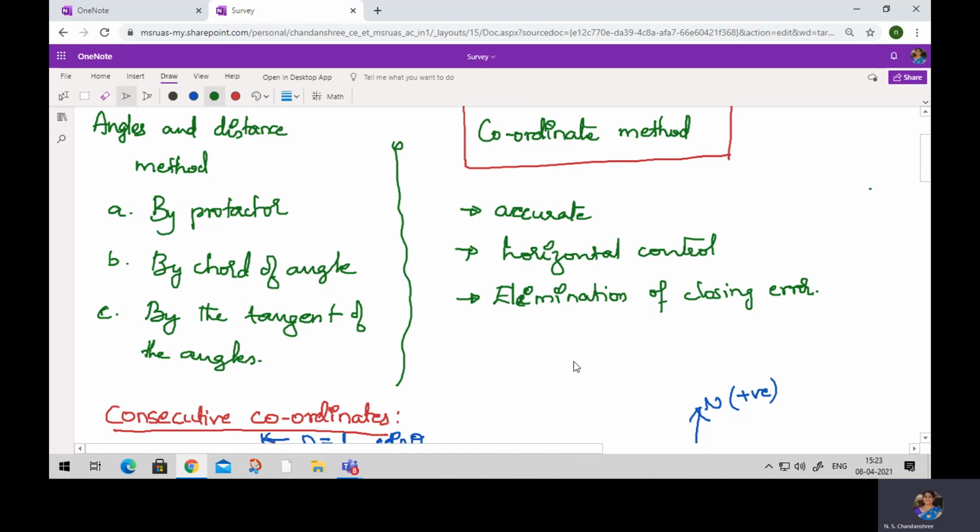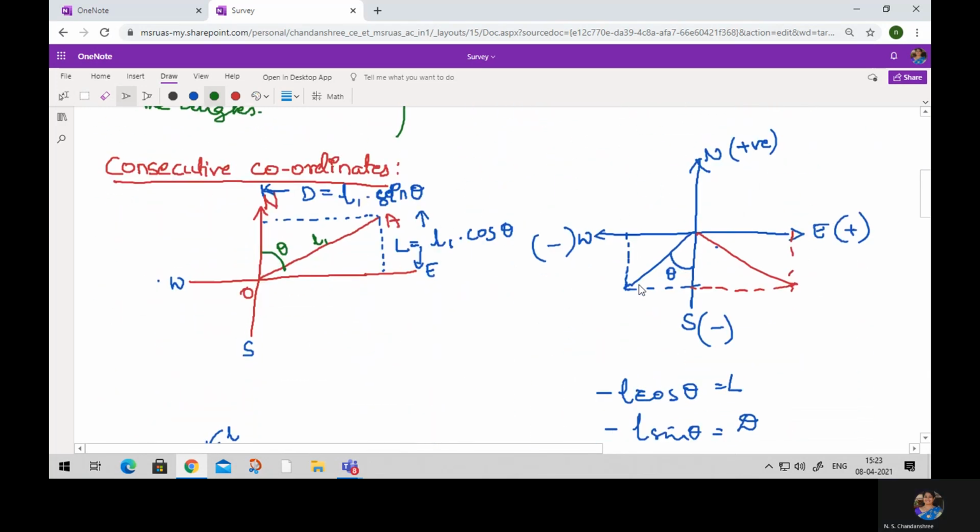One of the major advantages of this system is elimination of the closing error. We will learn about the closing error later in this session. We can detect and eliminate the closing error in this coordinate system.